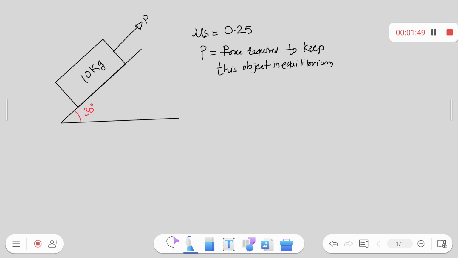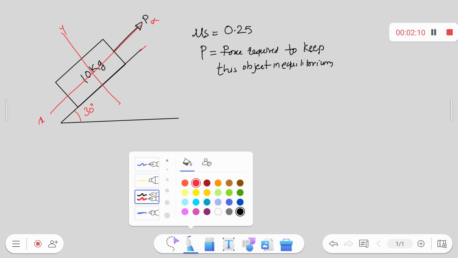As I explained in the classroom, whenever a slanting surface is there, please consider slanting reference axes: the x-axis parallel to the plane and the y-axis perpendicular to it. Now we use different colors so that you can identify the forces.